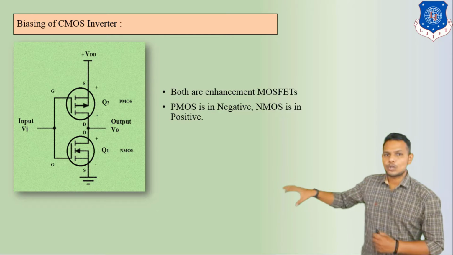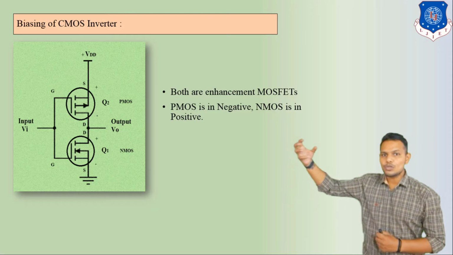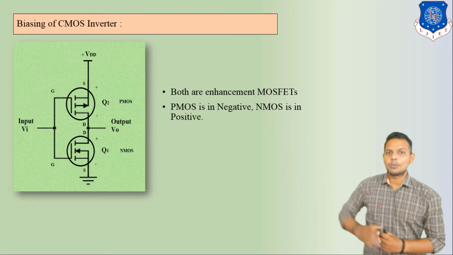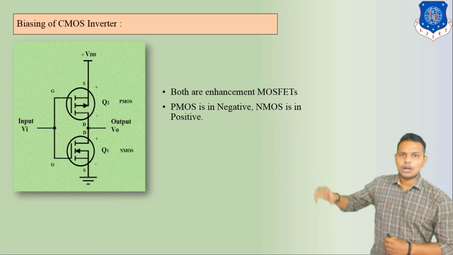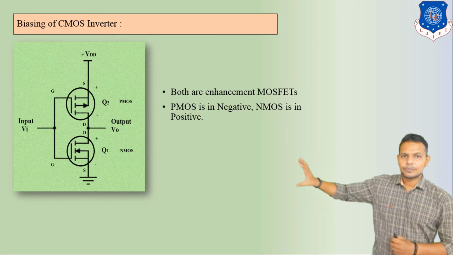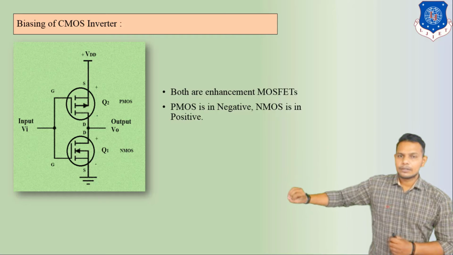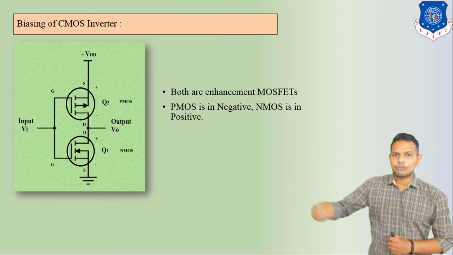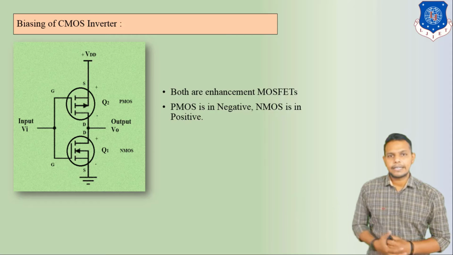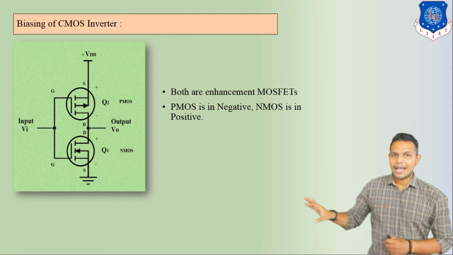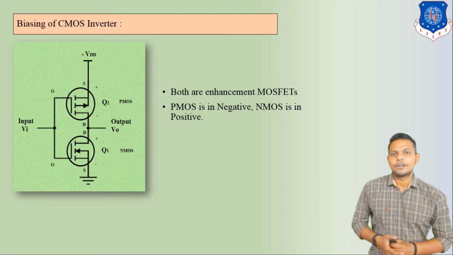So Q1's positive and Q2's negative terminals are connected at the output, so it is common. The gate terminals are connected and taken commonly for the input side. So this is the biasing of the CMOS inverter.